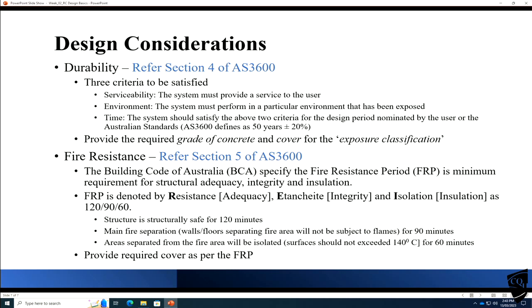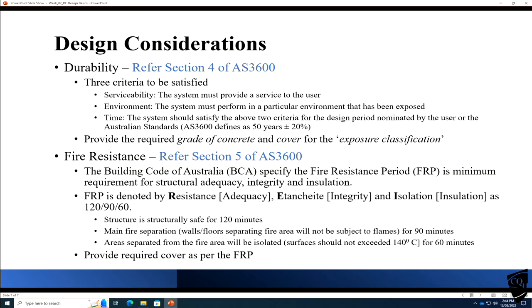If you have fire in the building, there are 3 important aspects. The first one is insulation.